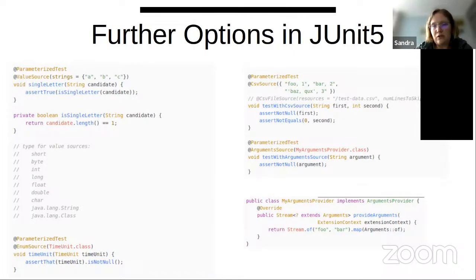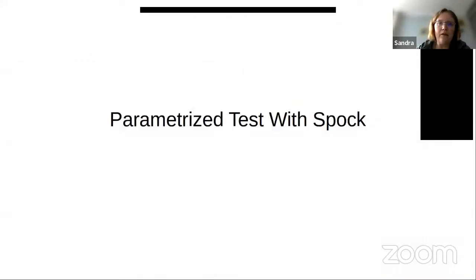Maybe you have a CSV source, maybe as a file, or you like that structure. You can use CsvSource or CsvFileSource for that, or you need something a little more complicated, so you can use the annotation ArgumentsSource to use a specific class that is responsible for the test data generation.